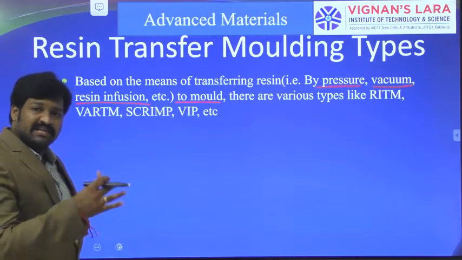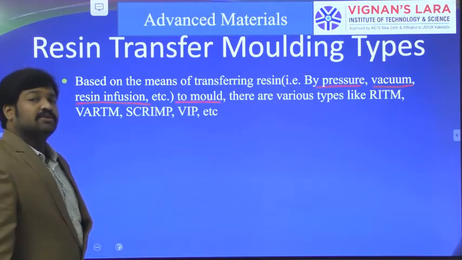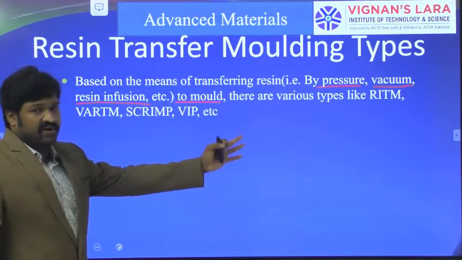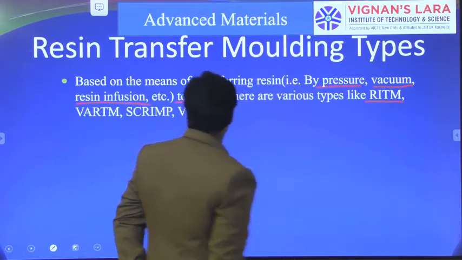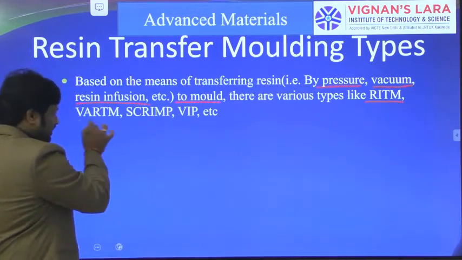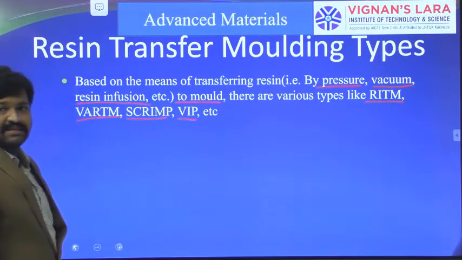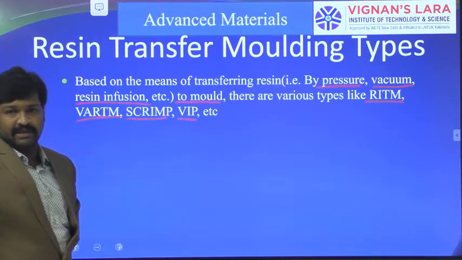By means of various methods we can pass the matrix material onto the reinforcements. So it depends upon the passage of our matrix material. Those are classified into various types. That is RITM, VARTM, SCRIM, WIP, etc. So these are the various methods that depend upon the type of infusion of our matrix material.